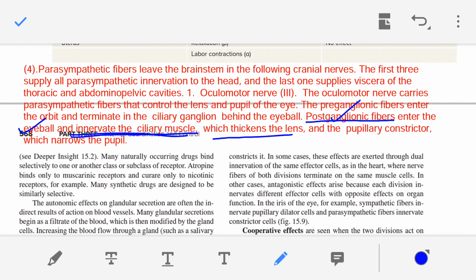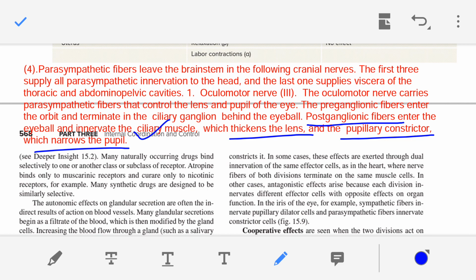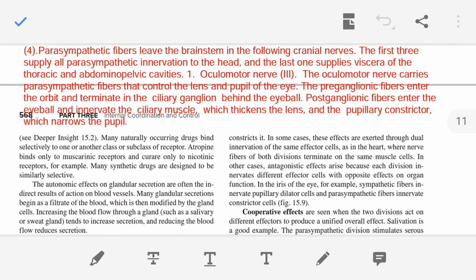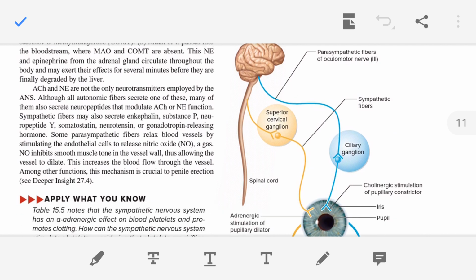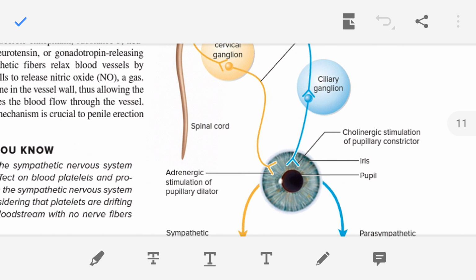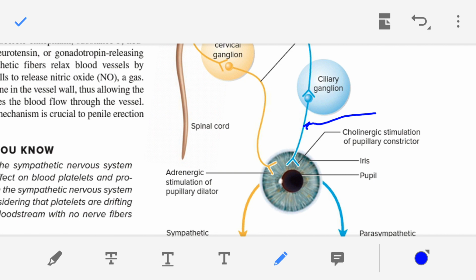The postganglionic fiber also innervates the pupillary constrictor, and this constrictor narrows the pupil. So the postganglionic fiber innervating the ciliary muscle thickens the lens, and the postganglionic fiber innervating the pupillary constrictor narrows the pupil. In the figure I am showing you this.